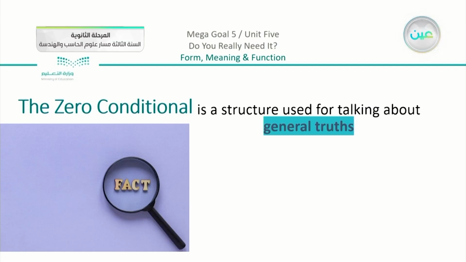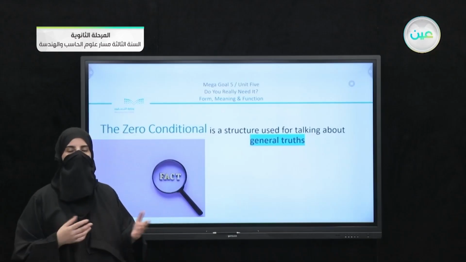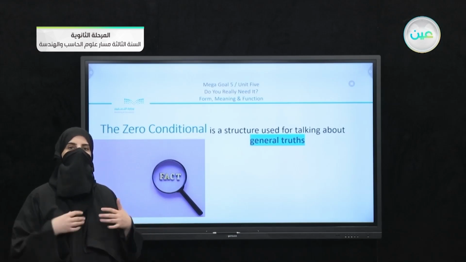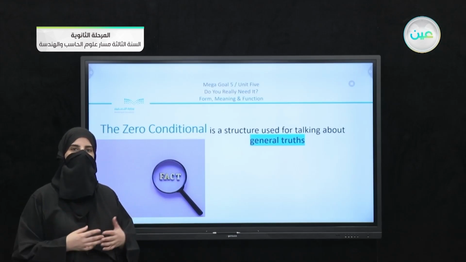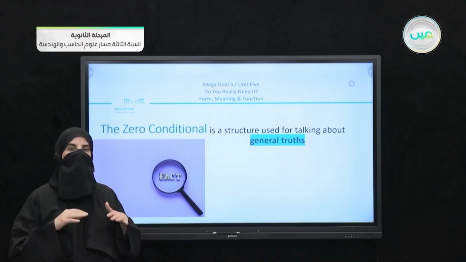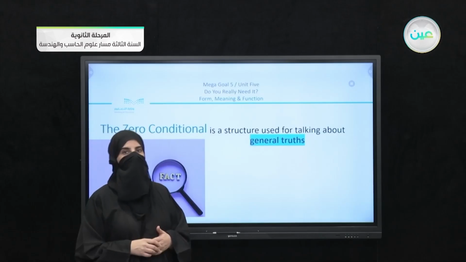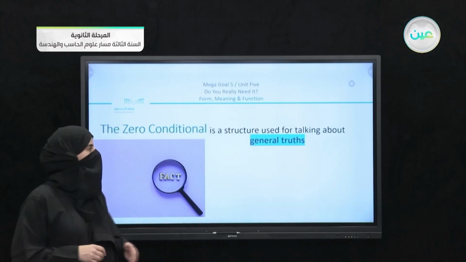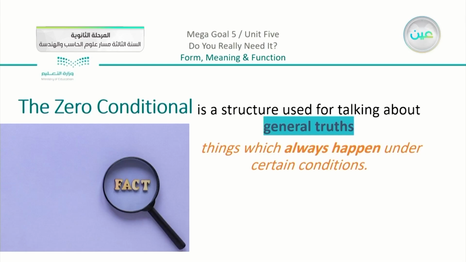So is there a chance for this object to fly? No. There is no possibility at all that any kind of object will fly. So this means that we have zero possibility for this to happen. Now this is something that we can just put in mind here. We are talking about general truths or facts in general. Things which always happen under certain conditions.